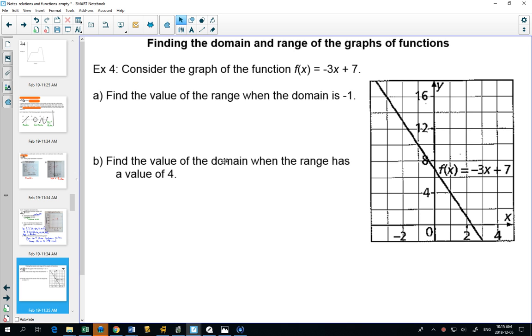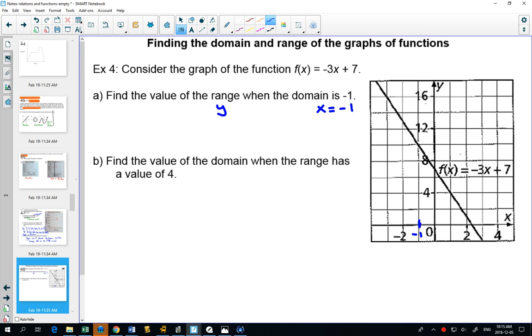All right, here we have the graph of negative 3x plus 7. Find the value of the range when the domain is x. This translated says find the value of y when x equals negative 1. So we go along our x-axis and say, well, negative 1 is right here.